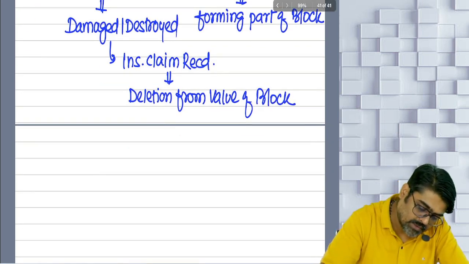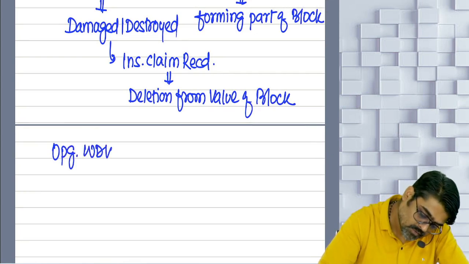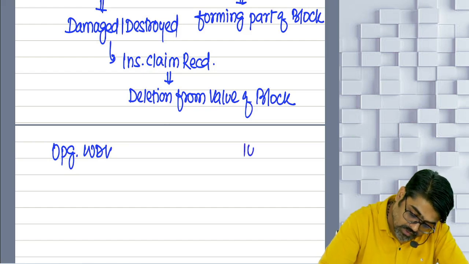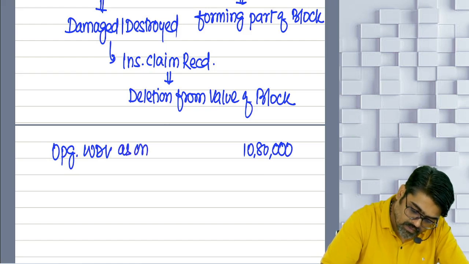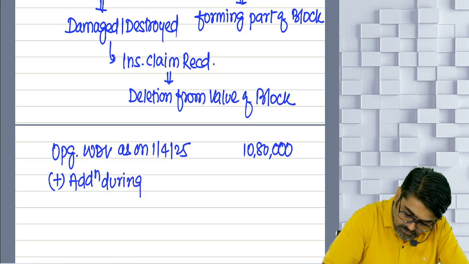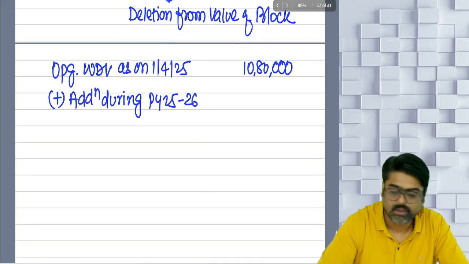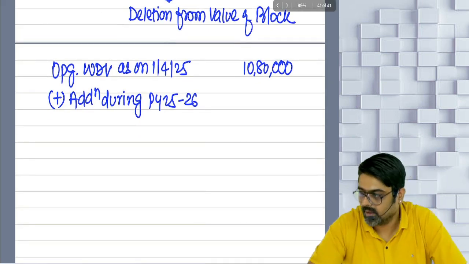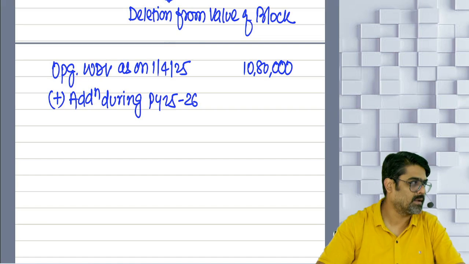So how will it be treated? We'll take opening WDV of the block, which was 10,80,000. Opening WDV as on 1st April 2025. Add additions during previous year 25-26. Did you read the entire question properly? Tell me, where in the question are they telling that in this block of machinery, new machinery is acquired? Are they telling you?